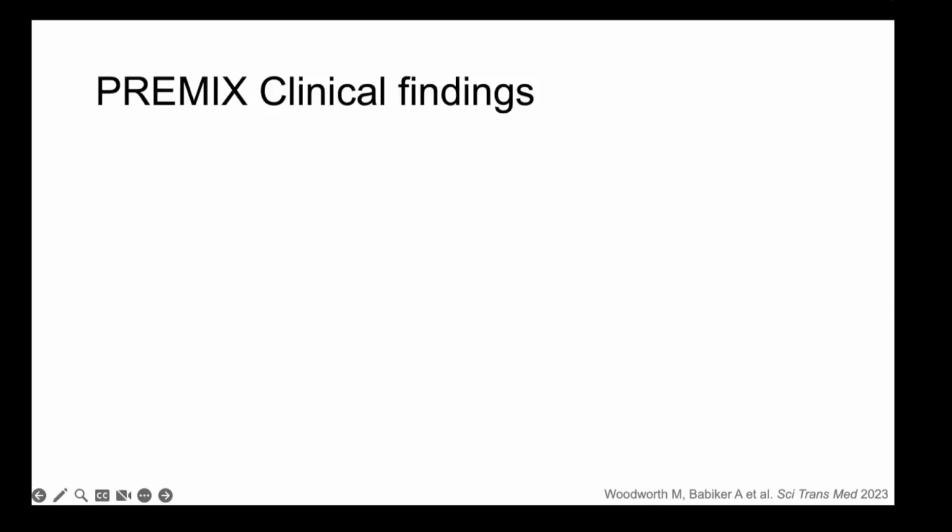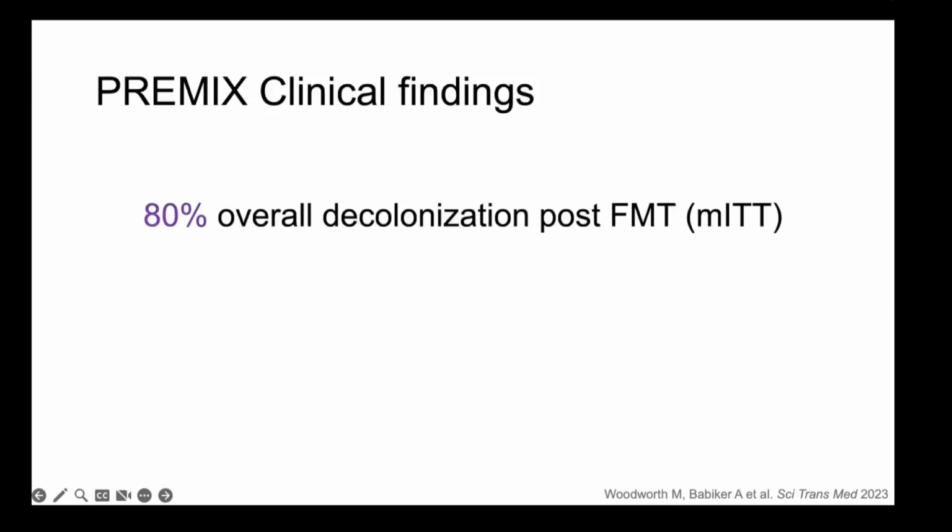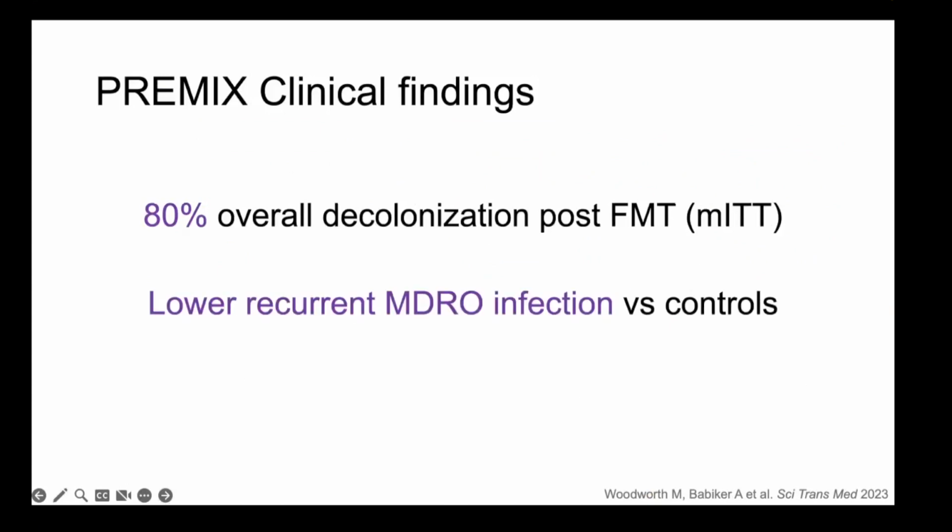And so the clinical findings were that there was an 80% reduction in the overall decolonization post-FMT. There were lower recurrent MDRO infections in the FMT group versus controls, and also versus a group of matched controls.